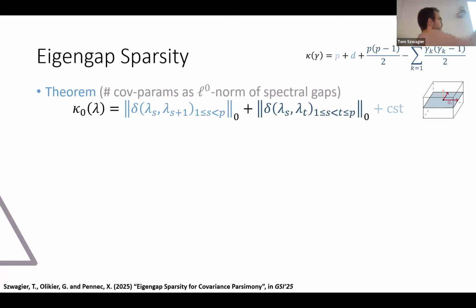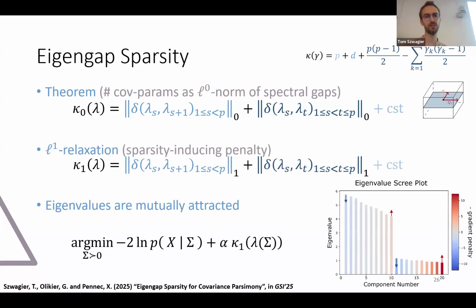I have the discrete formula on the top, you can compare them. But basically, once we have that, we can classically relax this L0 norm with L1 norms, as it will induce sparsity. And when we look at the negative gradient of the penalty, which tells you how your iterates will be attracted, we can see that the eigenvalues get somewhat mutually attracted, which is exactly what we want in order to induce parsimony by equalizing eigenvalues.